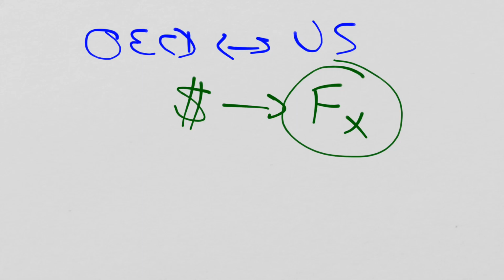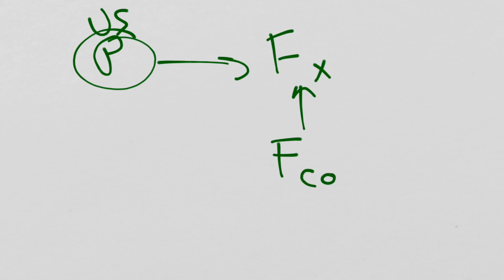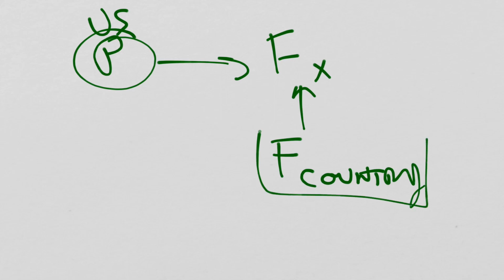But let's look at the reality. The reality of the situation is that you have a U.S. parent company, P, let's say, and they set up a foreign corporation, and they're doing business in the foreign country. So we'll say that's F. To identify it as a country, we'll just say it's F country. So they're doing business in that country.